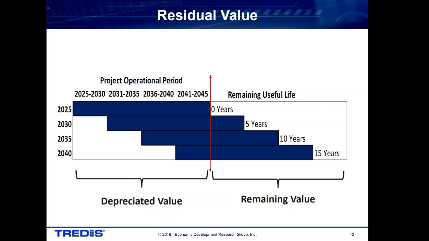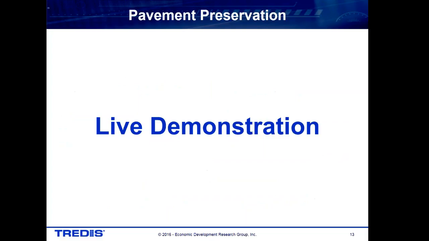The value associated with that remaining useful life is estimated using a straight line depreciation method. If other asset value methodologies are desired, the user can override these values and replace them with their own for what is estimated within TREDIS.